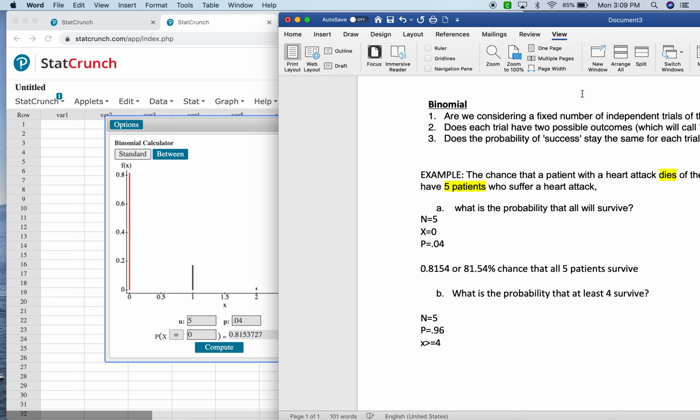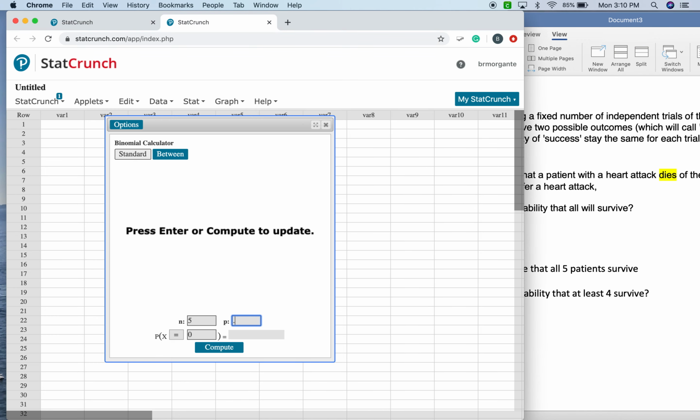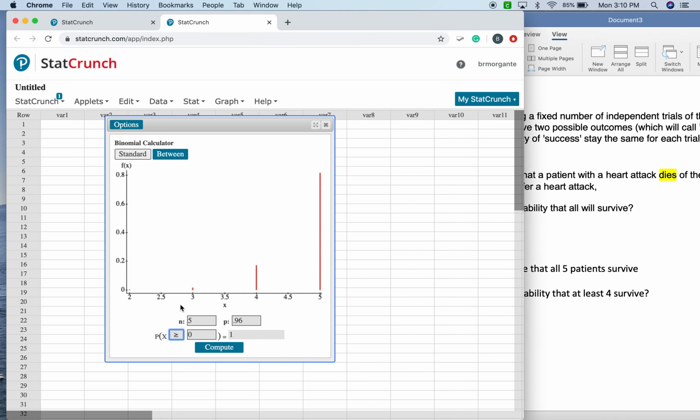So now we're going to do the next one. The n is 5, we'll change our p to 0.96, and we want at least 4, so greater than or equal to 4.